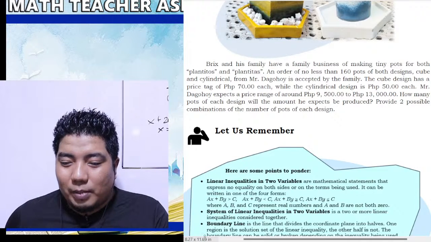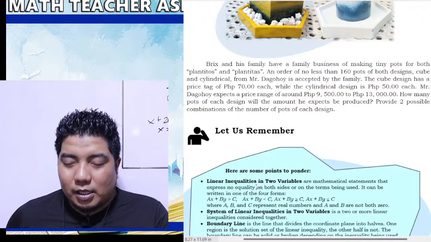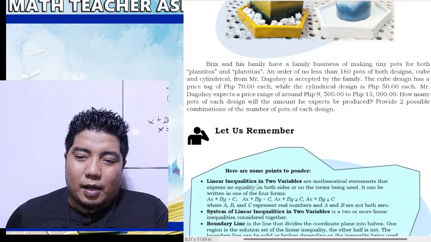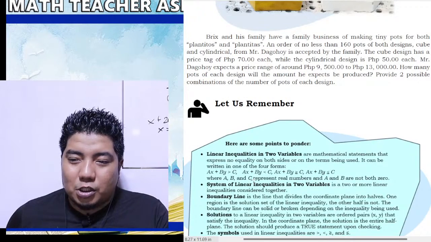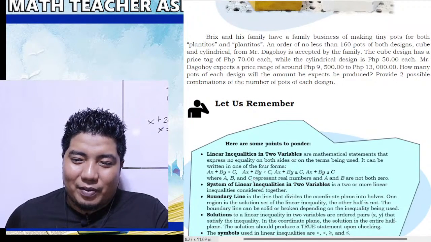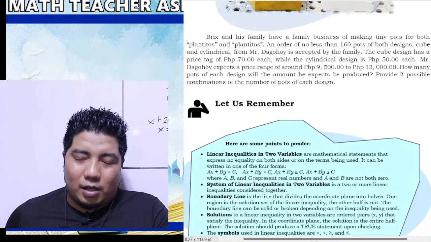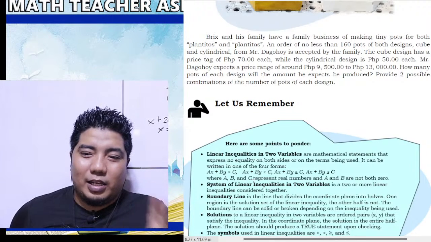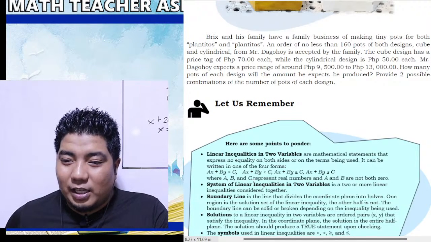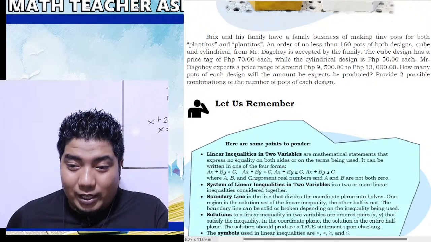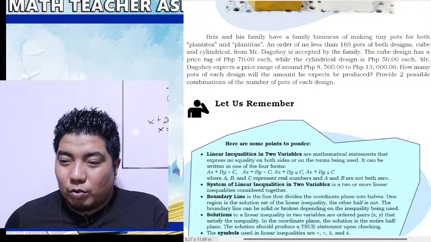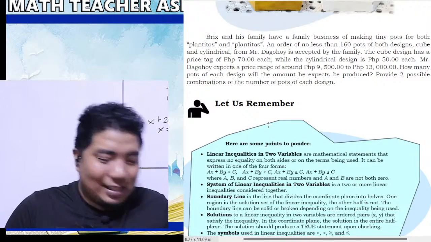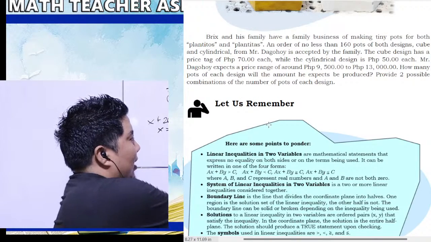Okay, so ganito, my dear math learners, ang gagawin mo lang is basically make a part in which you will have two linear inequalities. So, yung first is yung x plus y is greater than 160. Okay.